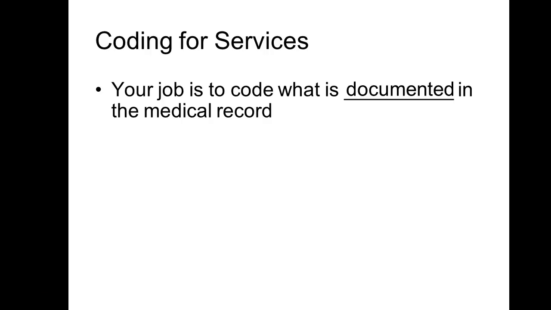It's not questioning them as if they did something wrong. What we need to make them understand is we want to make sure we code the exact right code for the service they provided to the patient, and in doing that, we want to make sure that everybody gets paid. So when we need clarity, we always go back and query the provider.